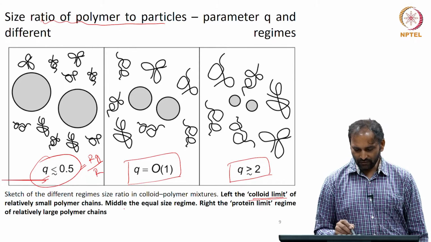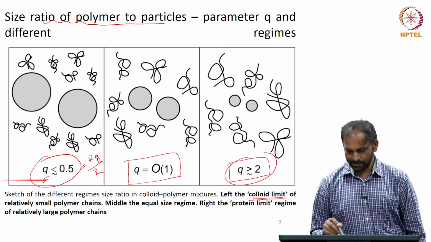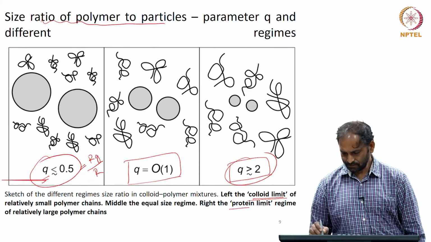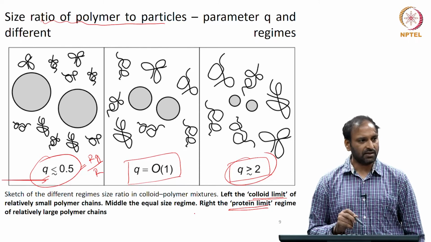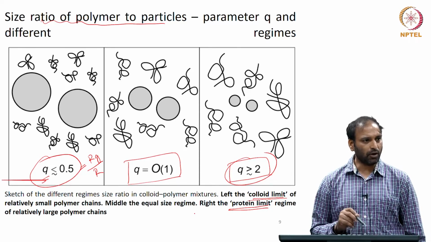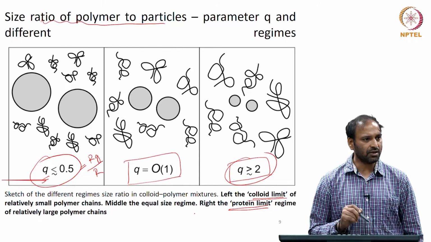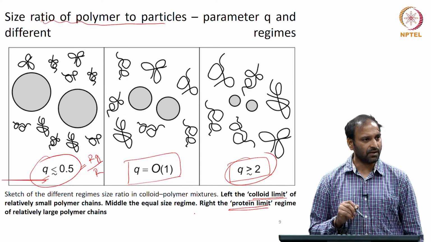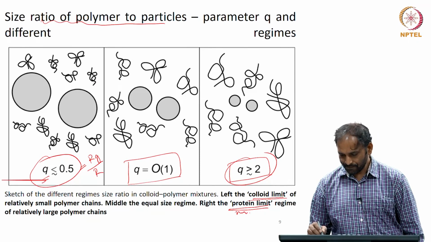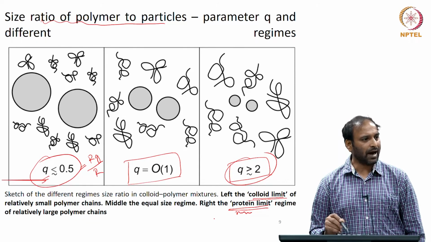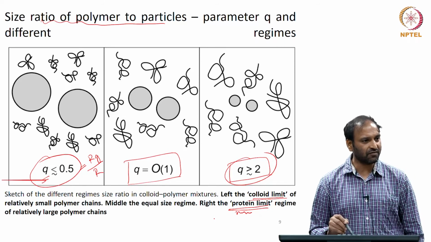And when Q is larger than 1, people use a term called protein limit, in which case the size of the polymer that you have added is much larger than the size of the particle itself. The reason I think it is called the protein limit is that people have used polymer for crystallization of proteins.